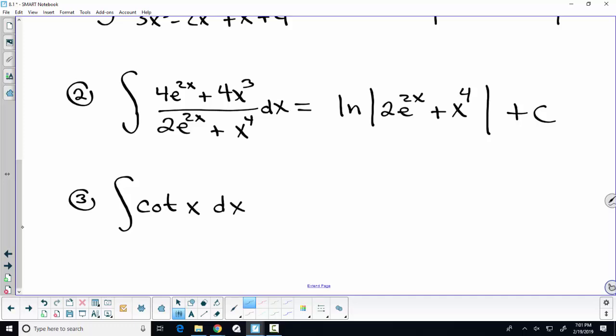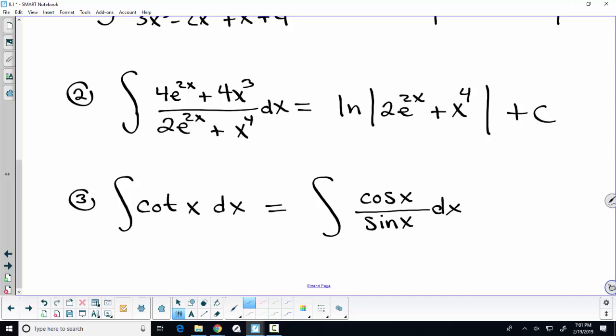Well, that's cotangent. ln sine of x. So if we view cotangent as cosine over sine, then this log form, which is just u substitution, is evident.